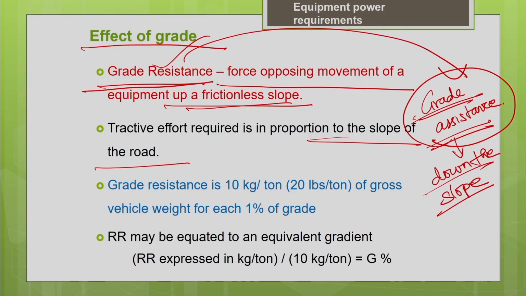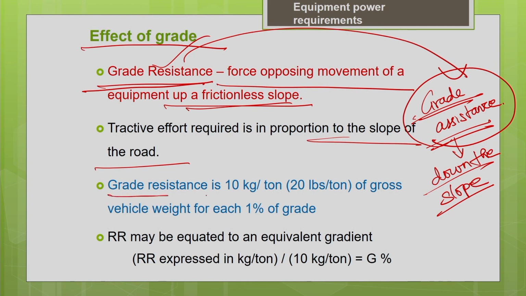That way your operating cost gets reduced. So you have to select the haul route accordingly, so that the total resistance in that particular haul route, your rolling resistance as well as the grade resistance, will be minimum. Otherwise you have to prepare or maintain the haul route, so that the resistance gets reduced, so that the operating expenses will get reduced.